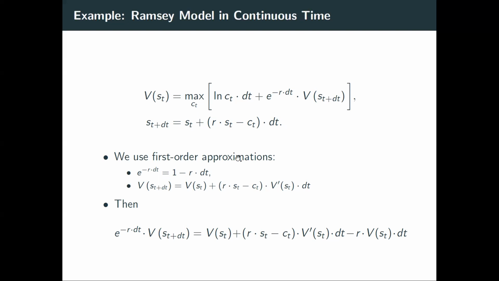So up to the first order again, this term will be this change multiplied by v prime evaluated at st. That's just the Taylor rule expression for this.